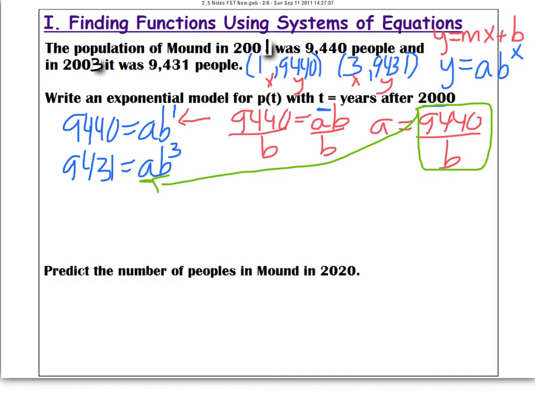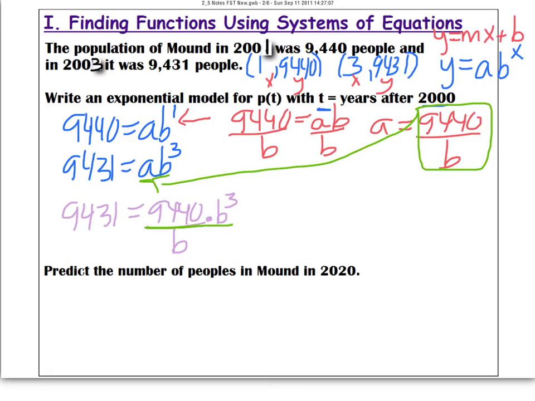When you substitute that in, what you're going to get is 9431 equals 9440 divided by b, all times b cubed. Now remember, if we multiply this fraction and the b cubed together, it really just becomes multiply straight across.